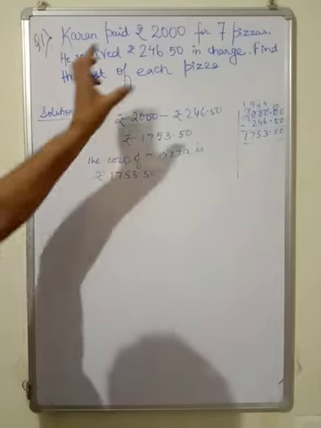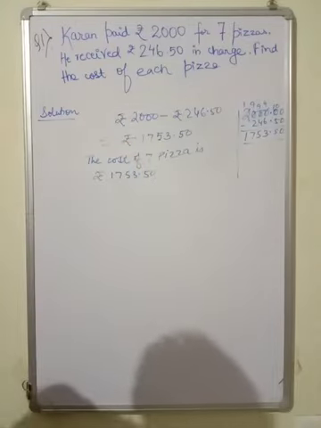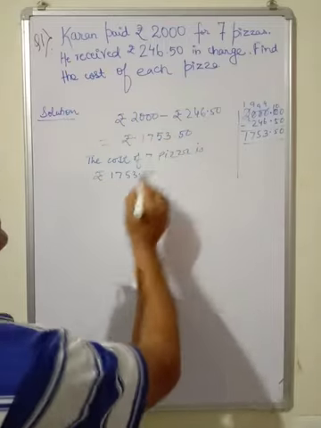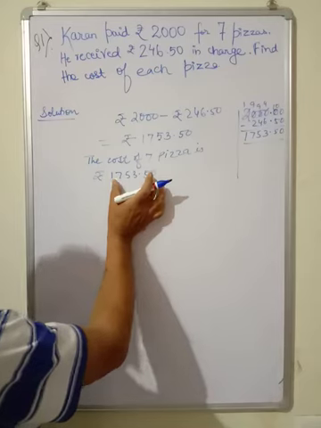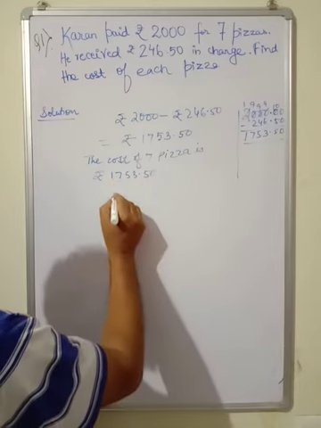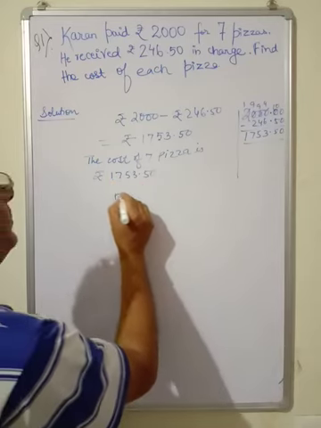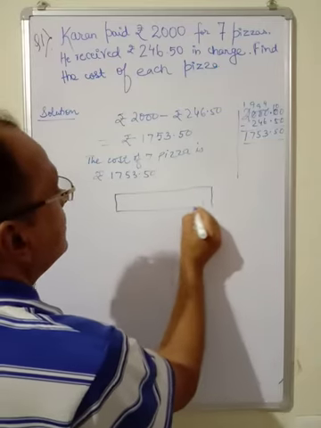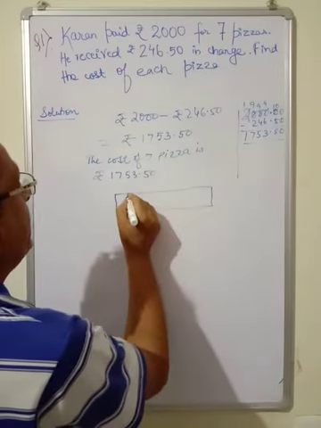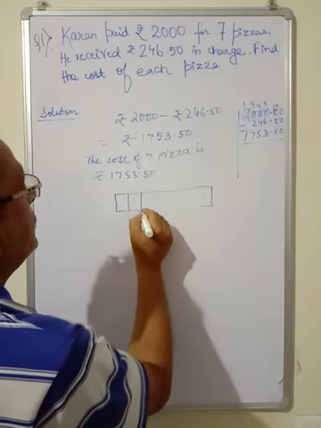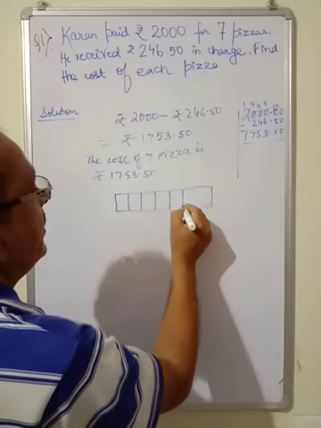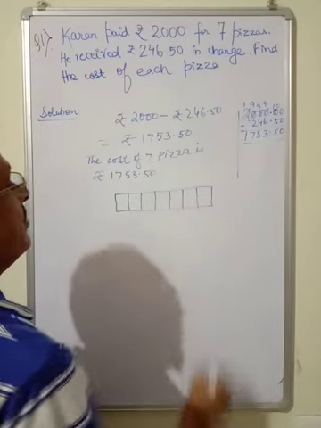Now see children, 7 pizzas, and you have to divide this amount into 7 parts. So you can show this by a bar model. Make 7 parts, 1, 2, 3, 4, 5, 6, 7.